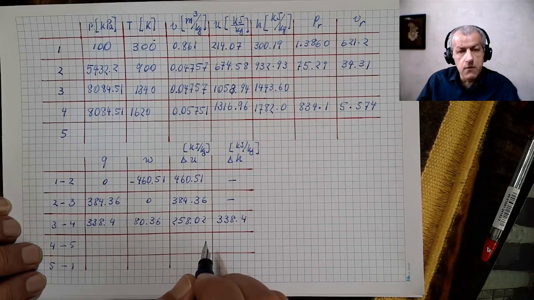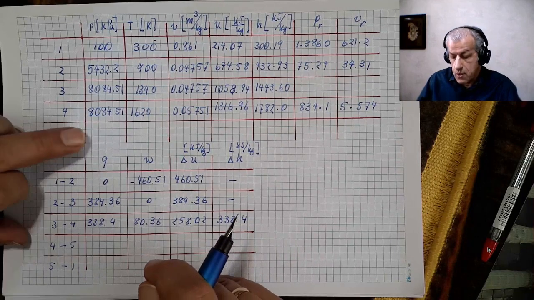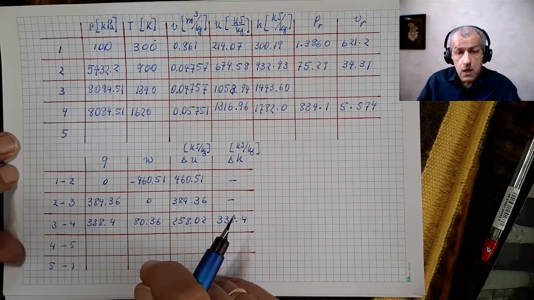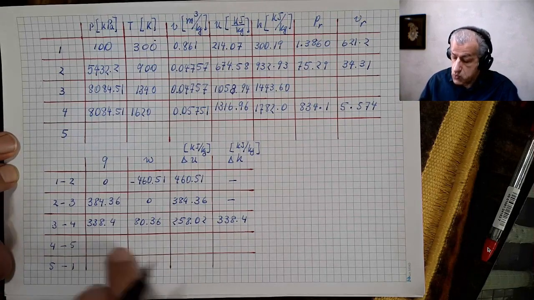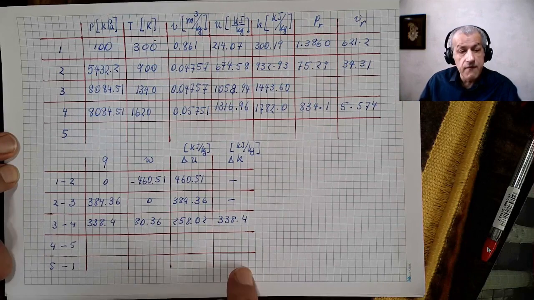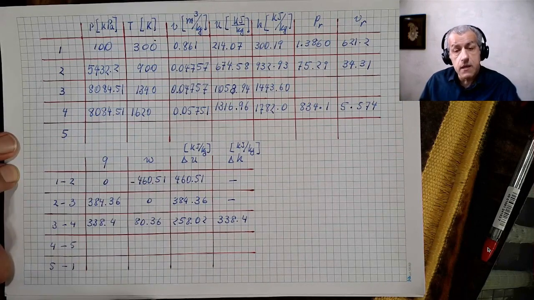So we shall complete the rest of this table once we know point 5 properties, and then we could complete 2 rows of this table and also add columns together to see if they would all match.